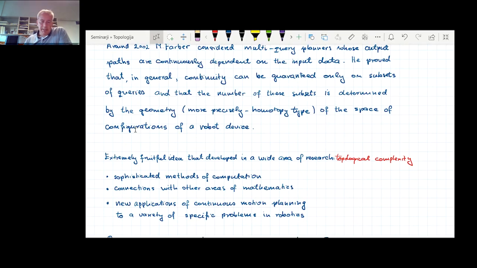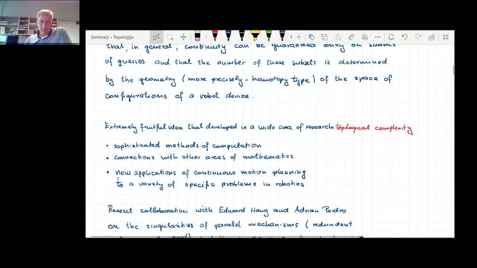And today's talk will be about this last type of problems. I'm going to discuss how to define, and then a little bit about how to compute topological complexity for some special type of mechanical devices.